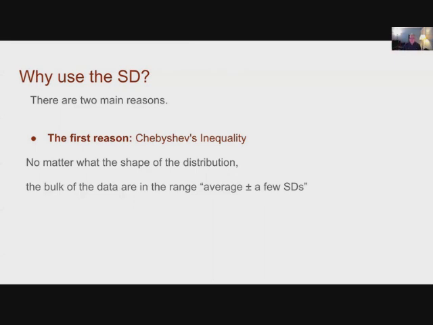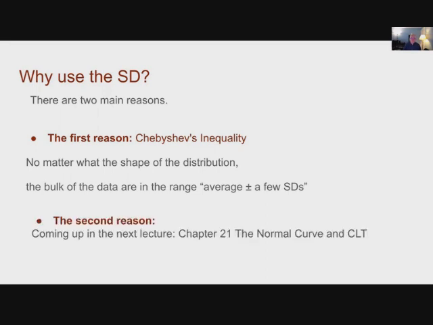And really why this works is because the standard deviation captures the variability in the data. So regardless of the data, we can have this bound on about where the bulk of the data is going to lie. The second reason, if we have time to get to it today, is the applicability to the normal distribution and the central limit theorem.